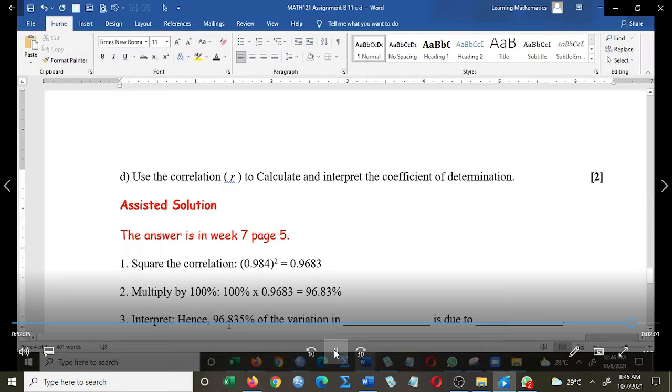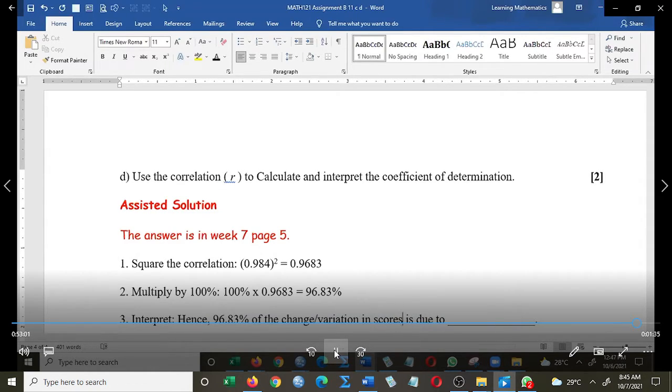Hence 96.83% of the change, of the variation of the change in. Exactly. Because who is affecting who? Right? Who is affecting who? So what to put there? Scores. Scores, exactly.